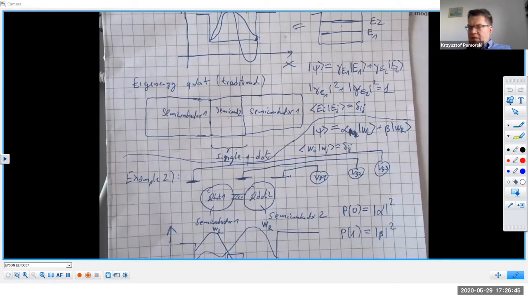There's a theorem that says you always have oscillations of occupancy. Here there are oscillations of occupancy on the left side and right side, and these oscillations are proportional to the energy difference between eigenenergies.